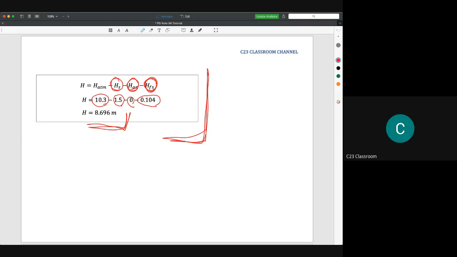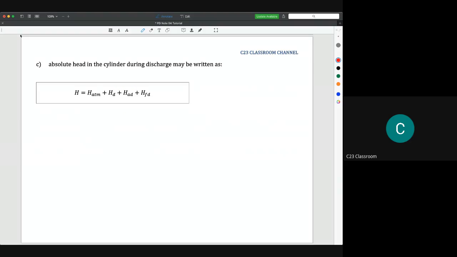In suction, our main concern is to create enough vacuum strength. We make sure that the strength of the vacuum is enough to suck water from the input level to the piston. Now we need to calculate the absolute head in the cylinder during discharge.